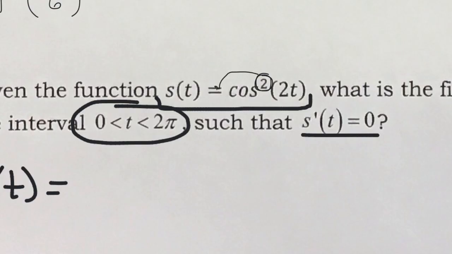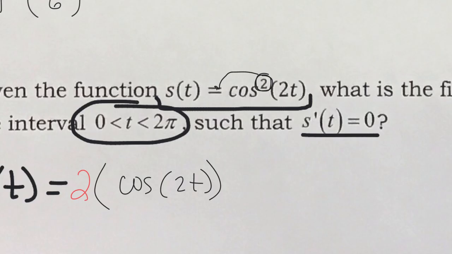The 2 comes to the front as a 2, and then we have cosine of 2t to the first power. So we don't ever have to write to the first power, just know that it's being raised to the first power. Now, we take the derivative of cosine.